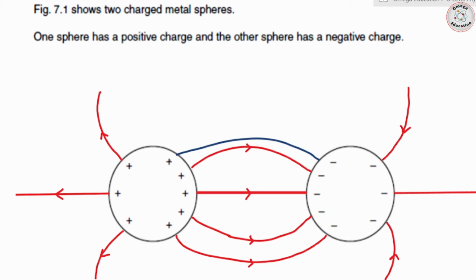Now this line is not coming out of this region radially, it's not perpendicular to this point. So if you draw it like this, it would be incorrect. The line has to be coming out radially, perpendicularly, so it should be like this.